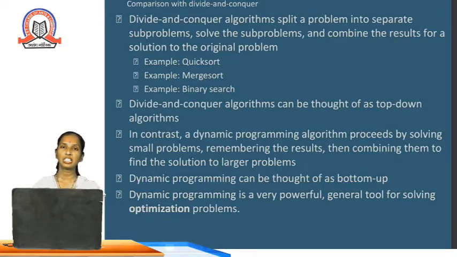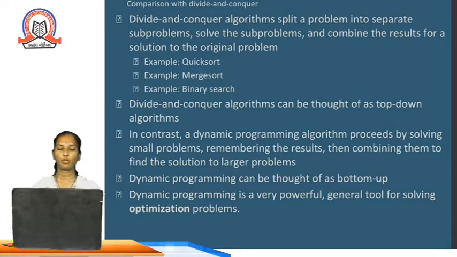Divide and conquer strategy is thought of as the top-down approach, while the dynamic programming algorithm proceeds by solving these small problems, remembering the result, and then combining them into the final solution so as to solve the large problems. Dynamic programming can be thought of as the bottom-up approach.